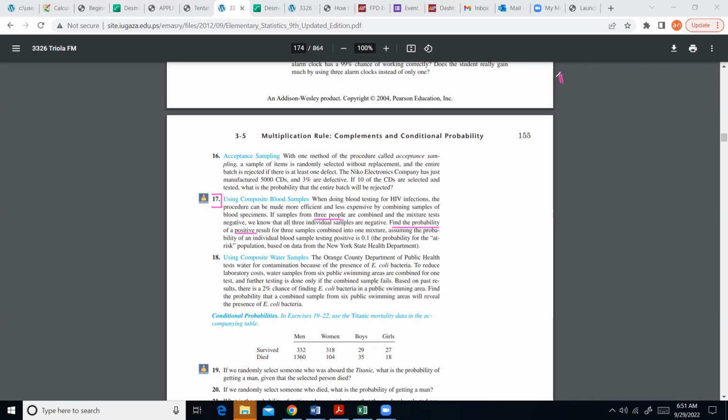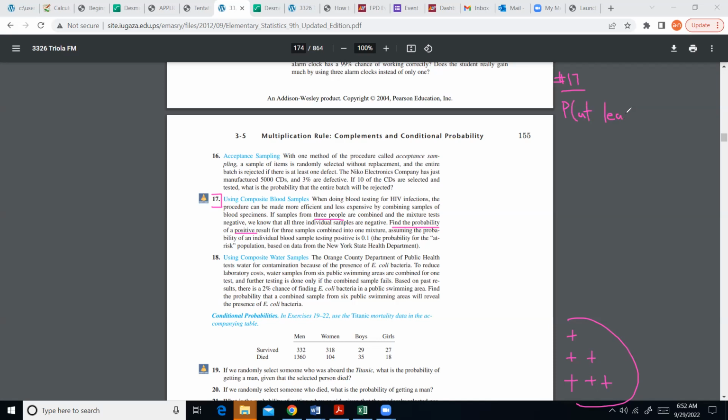So they hoped to save and to see them all being negative. But if you get a positive result in one of the samples, or in 2 samples, or in all 3, then the whole mixture will be positive. So we're saying the probability of at least one, remember that statement?